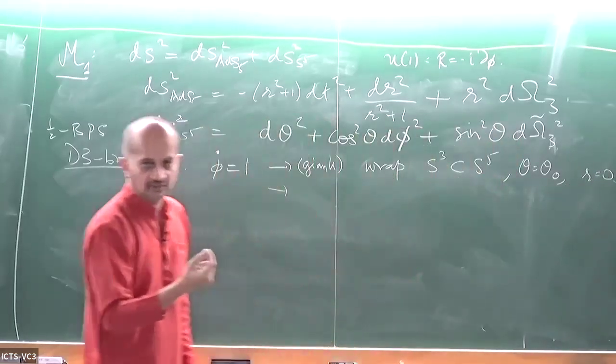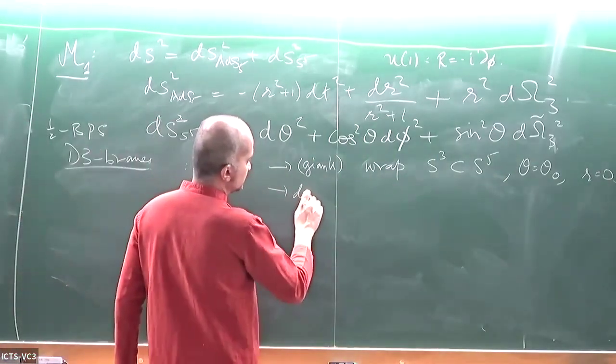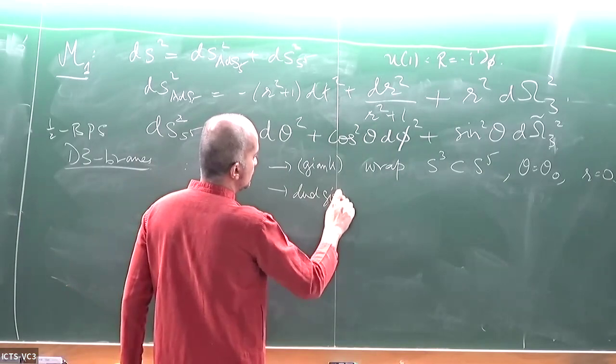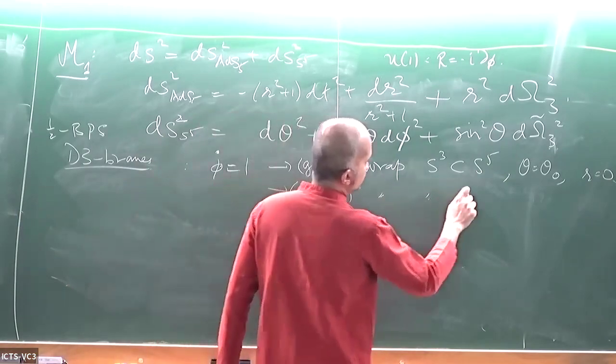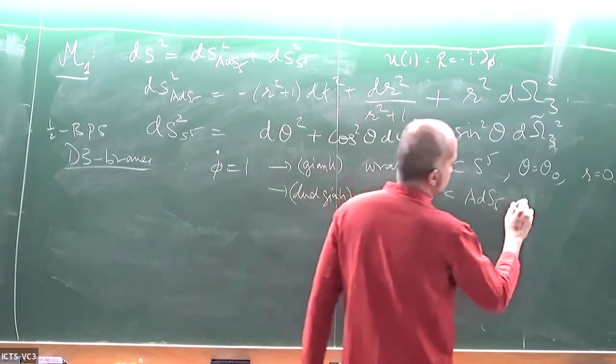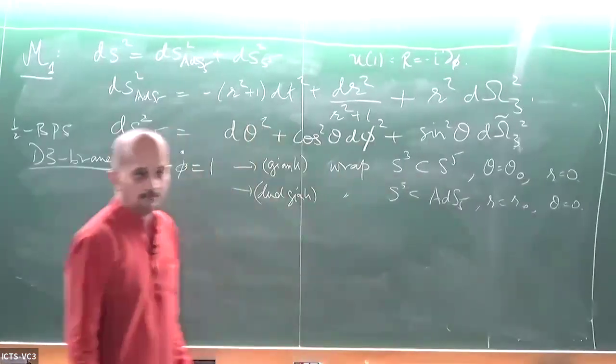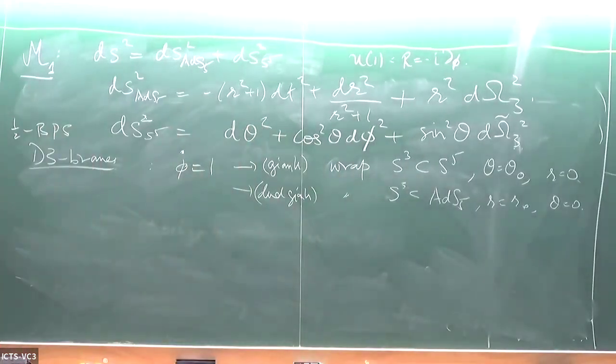So they're sitting at the center of AdS5, and they've puffed up inside the S5. And then the dual giants, which wrap an S3 in AdS5, at some R naught. These are the two branches.